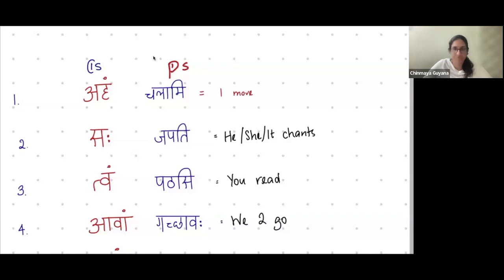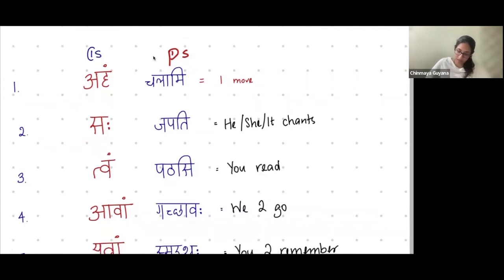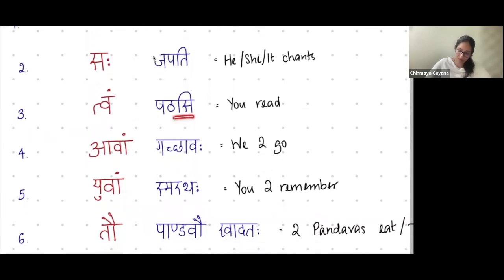I is just I. Like that. Okay. Japati. Saha japati. Pathasi. Tvam pathasi. You read. Gachavaha. We two go. We two is avam. Avam gachava.